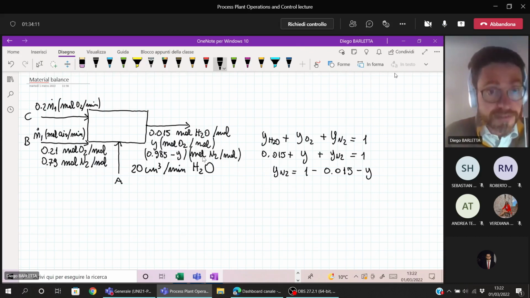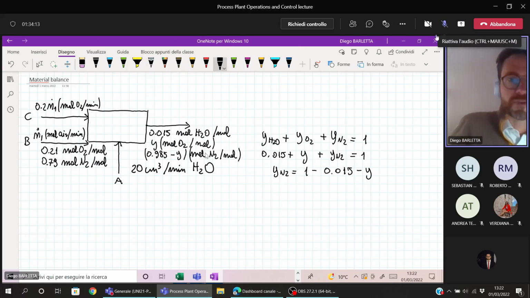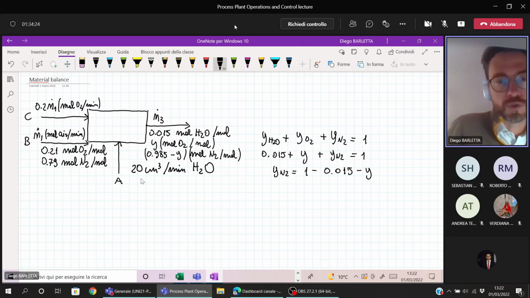Exactly, the total molar flow rate, that I could report as n dot. I will report it as number 3 just because I want to introduce a number 2 for the stream A.